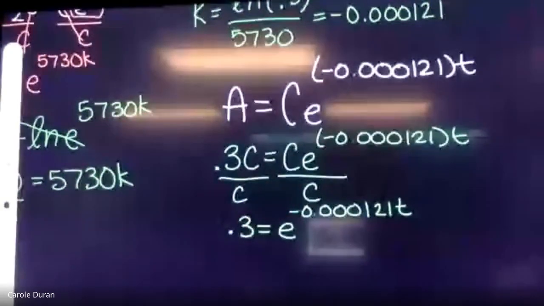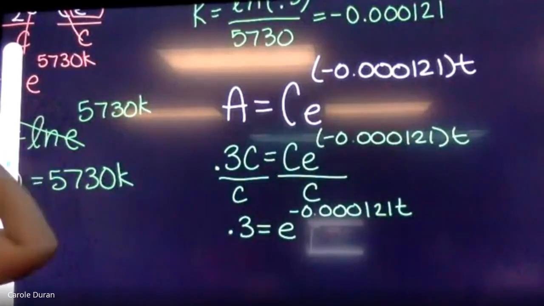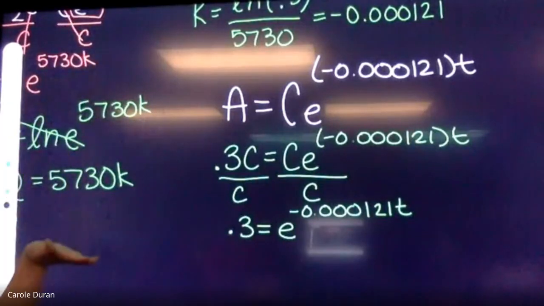So now what's my goal? To get T by itself. What am I going to have to do to get T by itself? Why natural log? Who said it? Why natural log, Madison? I have to get rid of that E so the exponent drops to the main level of the problem. So I know that the natural log on the right is going to cancel the E, so I'm not going to write it.